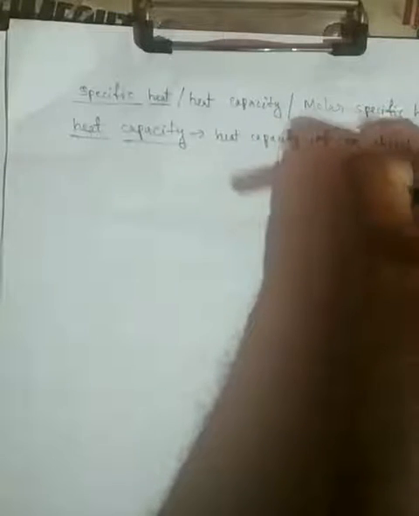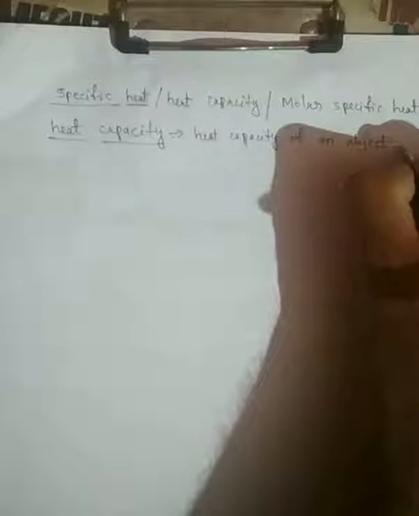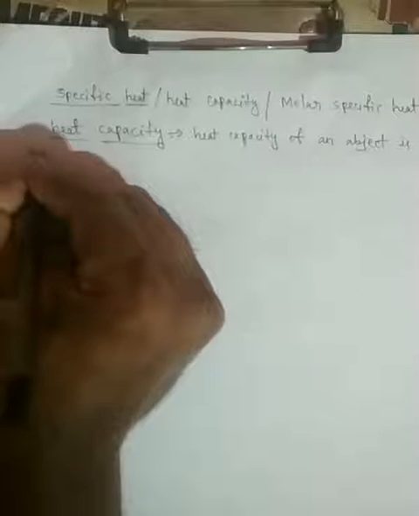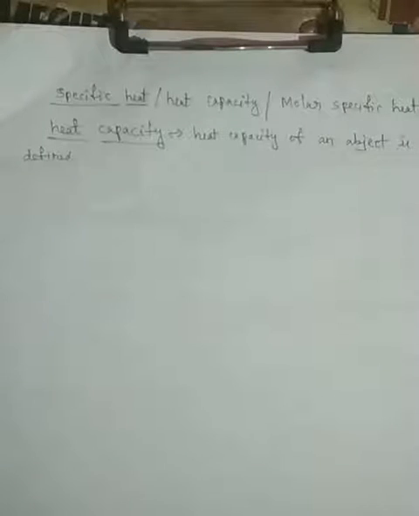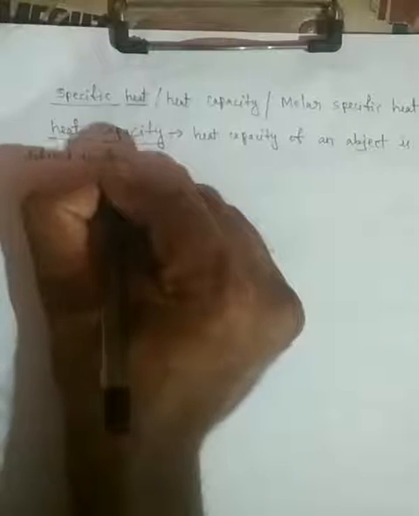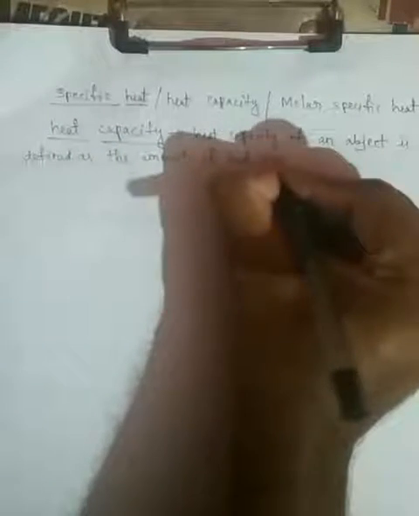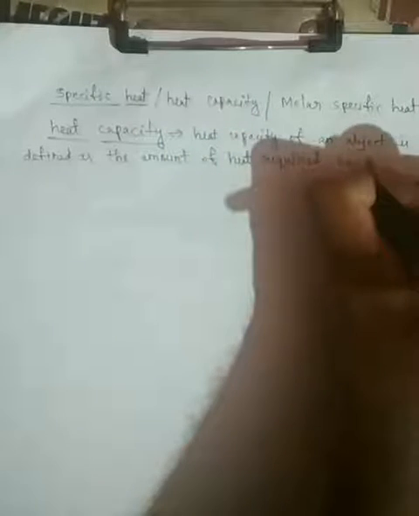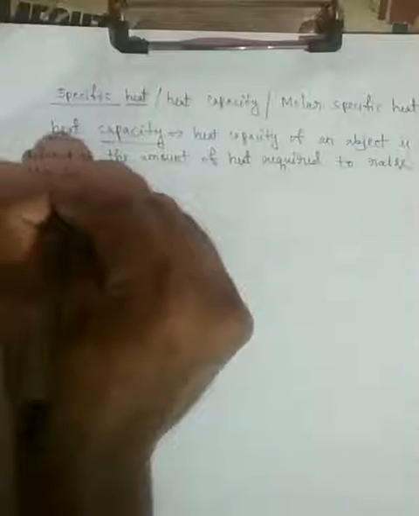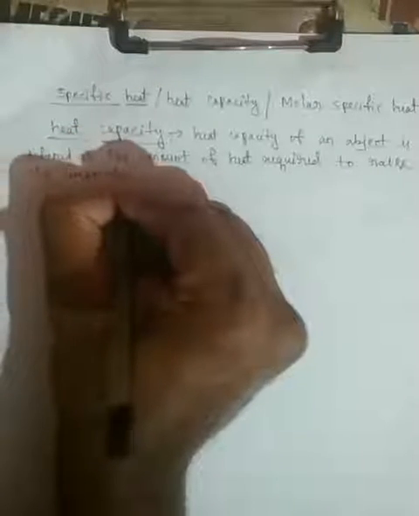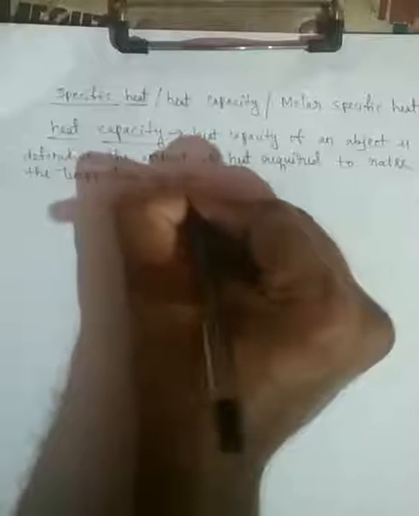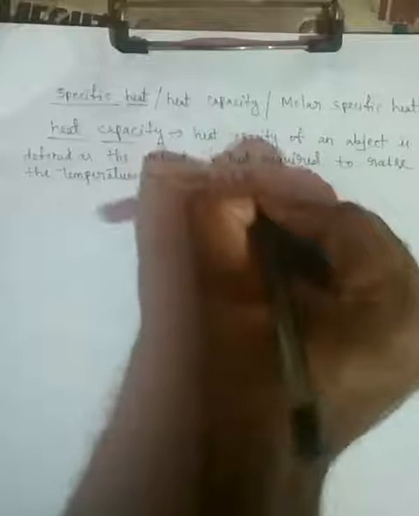Heat capacity, the definition: heat capacity of an object is defined as the amount of heat required to raise the temperature by unity, that is 1 Kelvin or degree Celsius.